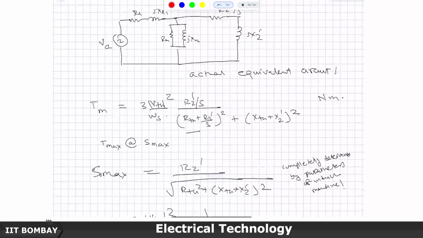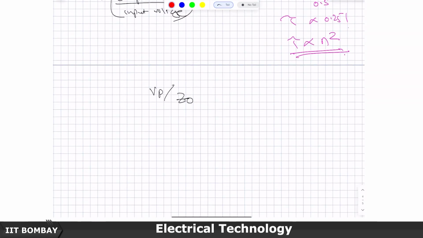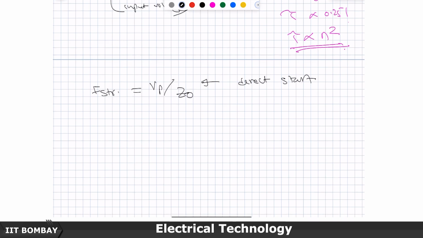It is V A by Z naught, or V phase by Z naught if I am using phase, let us say V A. So the starting current for direct start is given by this particular value.